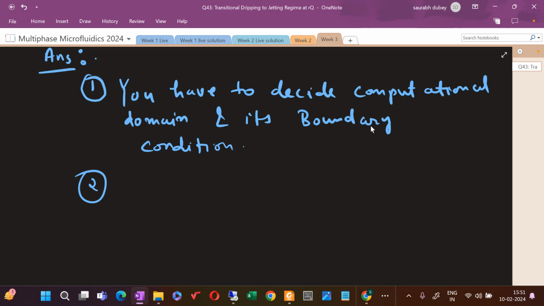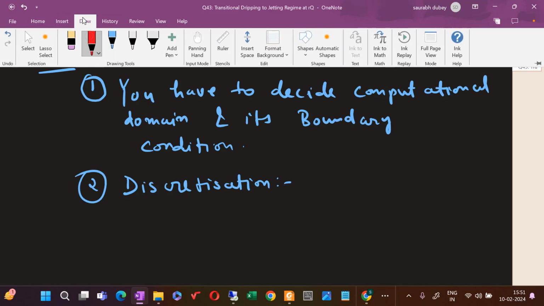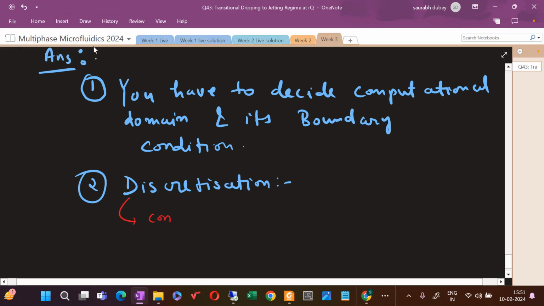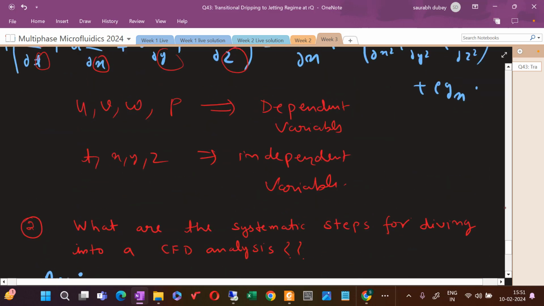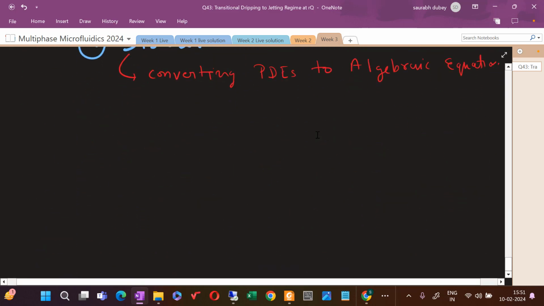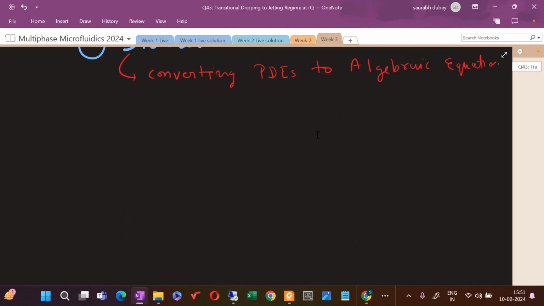Second is discretization: converting partial differential equations to algebraic equations.